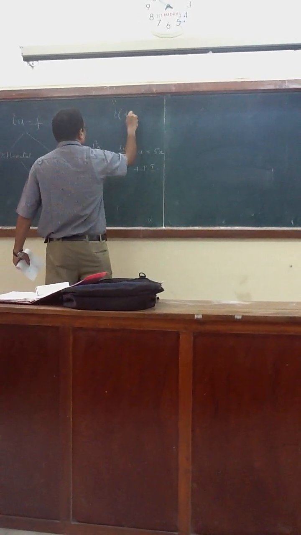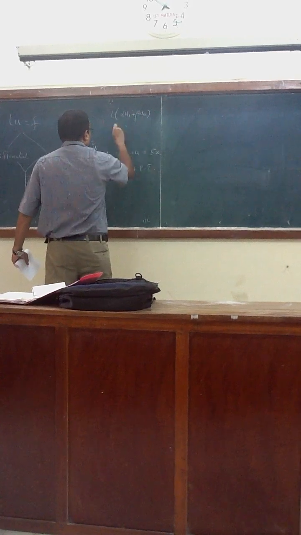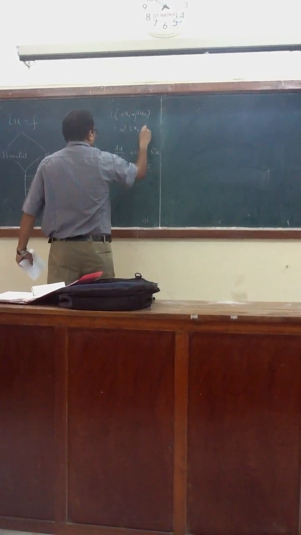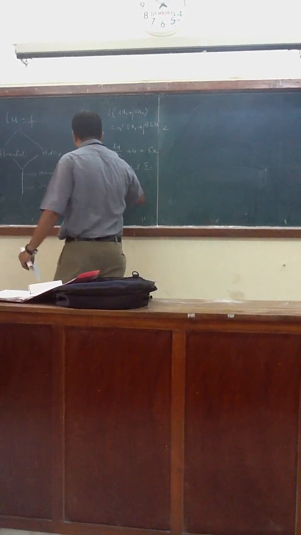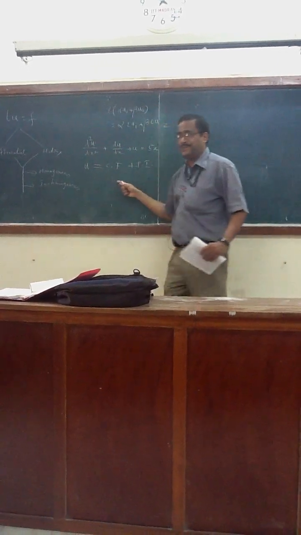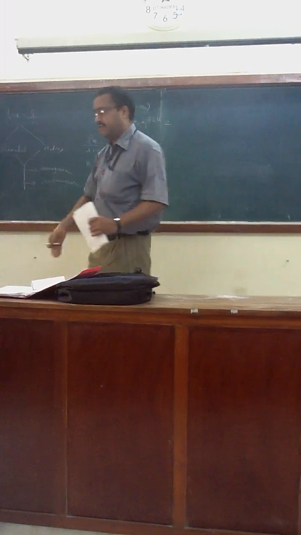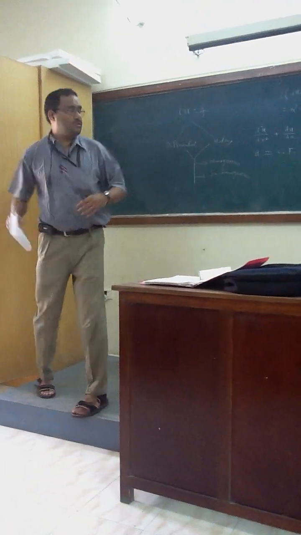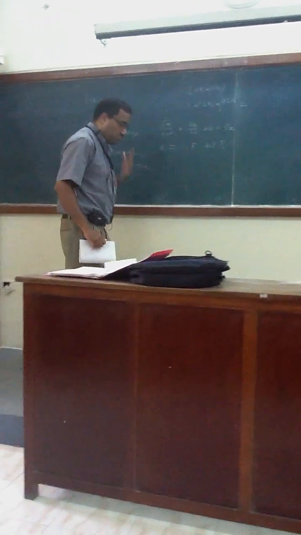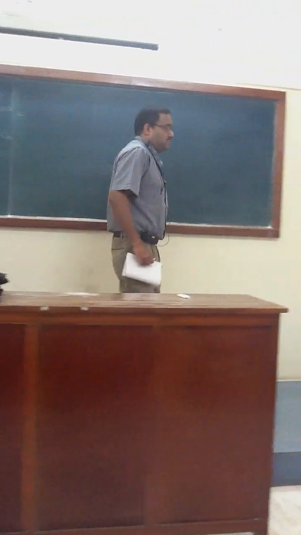We have L(alpha u1 plus beta u2) equals alpha Lu1 plus beta Lu2. We could do it because of the linear operator. Earlier you were just mugging up: this is the rule. You could not ask your class teacher because there was no explanation. Now you can explain to yourself.